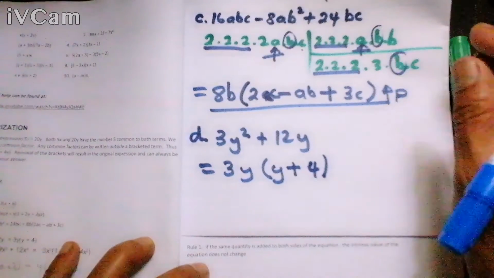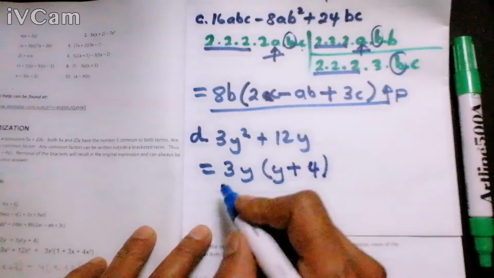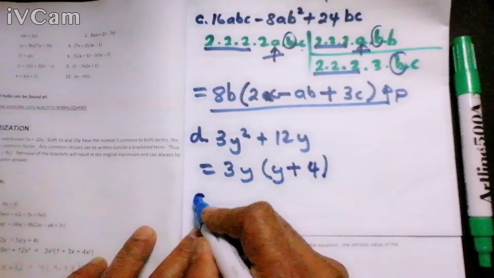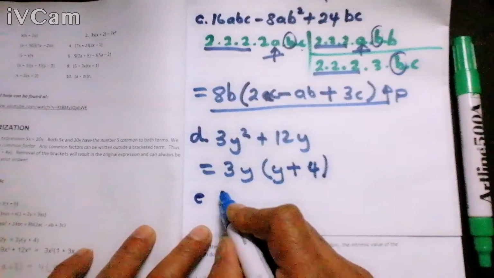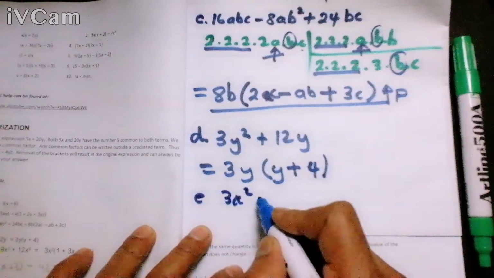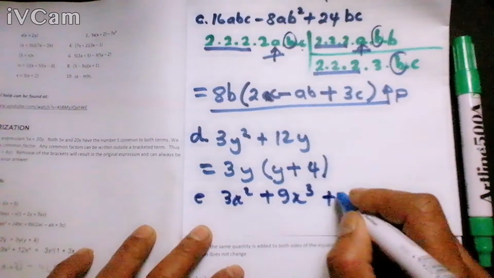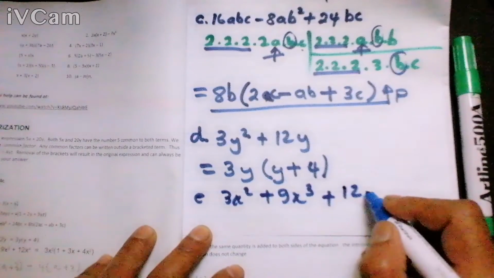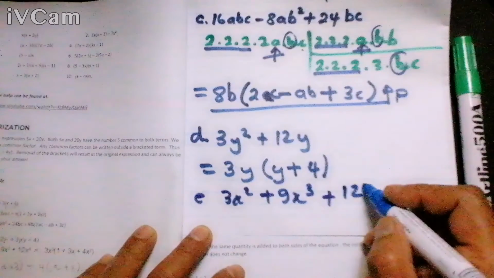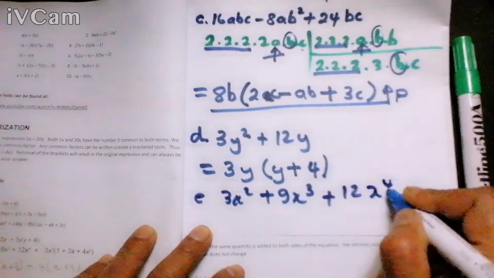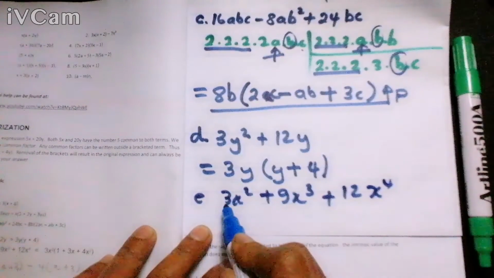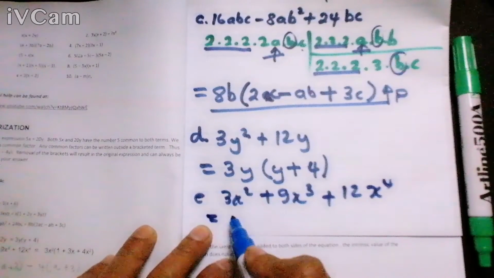If we look at the last one there, which is E, which is 3x squared plus 9x cubed plus 12x to the power 4, and the number that's going to be common is going to be controlled by that.